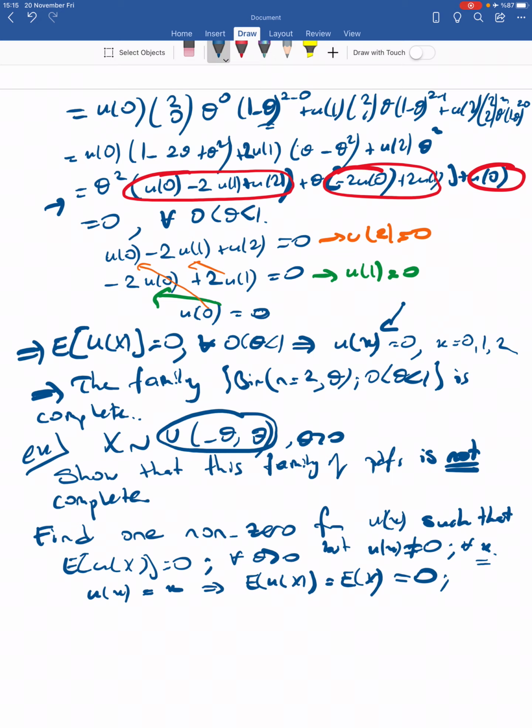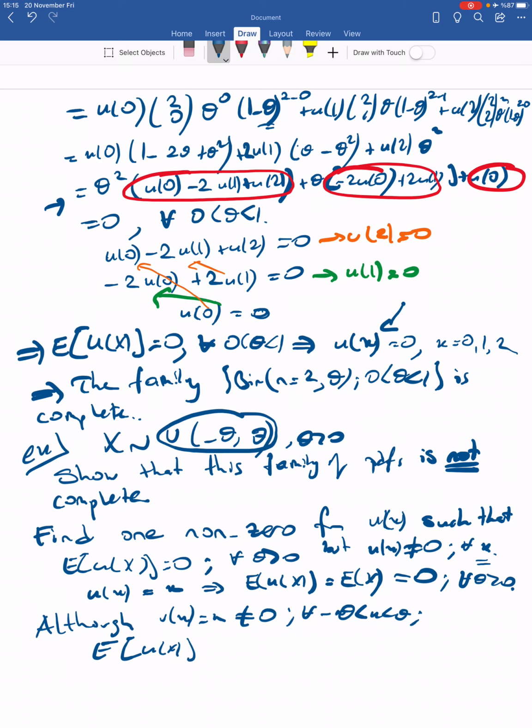For all positive theta, although u(x) = x is different than 0 for values of x in this range, its expectation, the expectation of X, is 0.